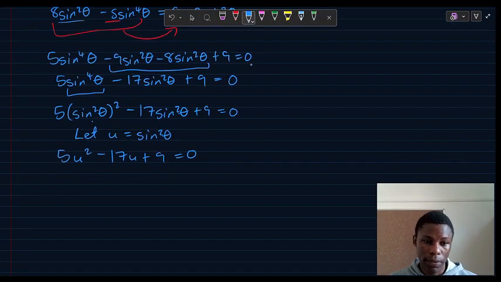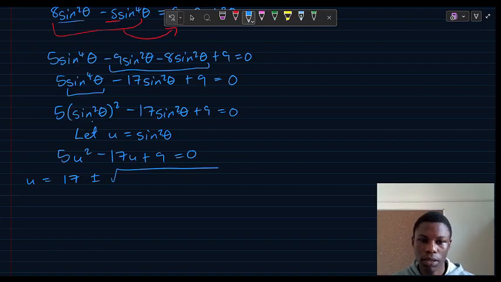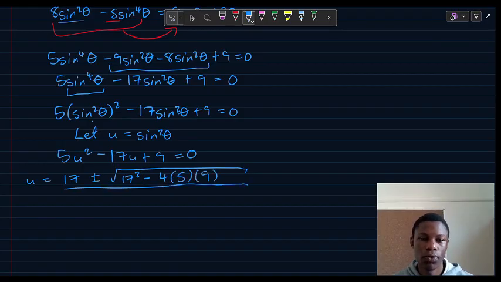And this I will gladly punch into the quadratic formula because I don't think we can factorize that by inspection. Minus b plus or minus the square root of b squared minus 4ac, all over 2 times a, being 5.